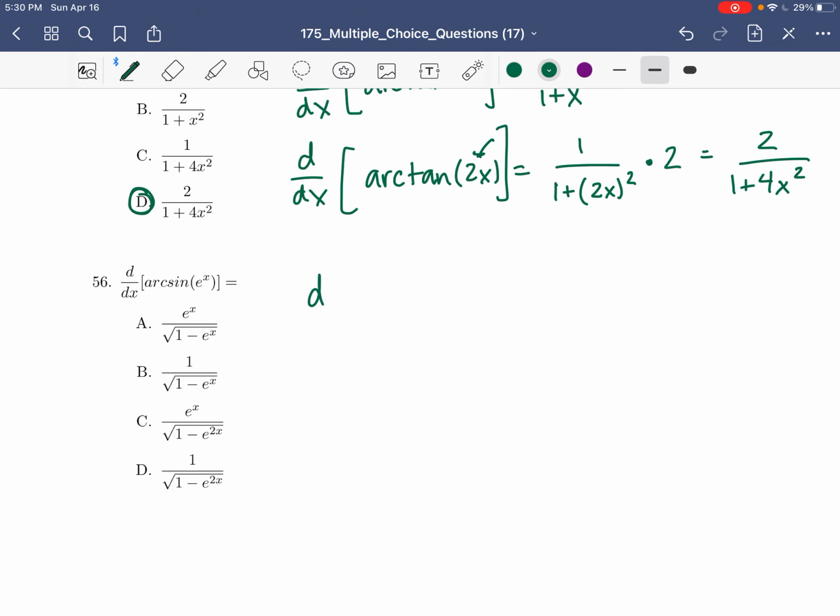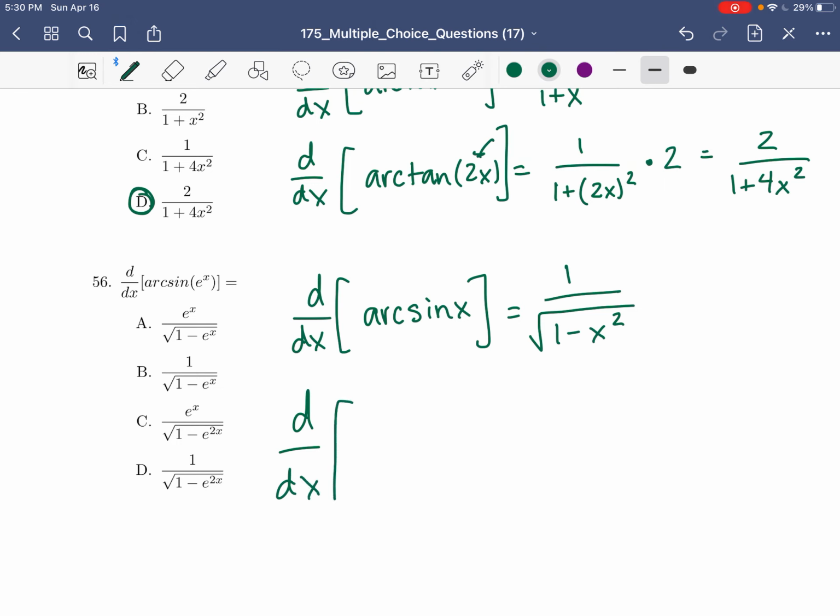And the same thing goes with arcsine. So before you do this one, you need to know the derivative of arcsine of x is going to equal 1 over the square root of 1 minus x squared.